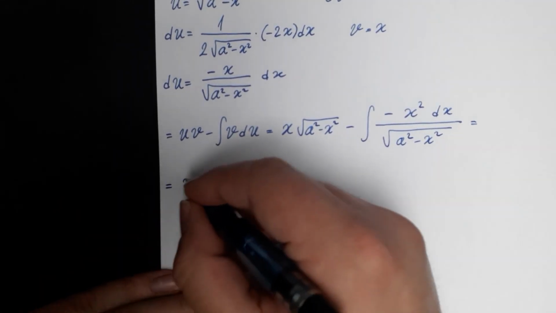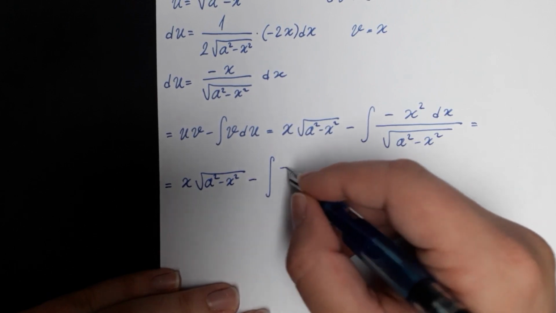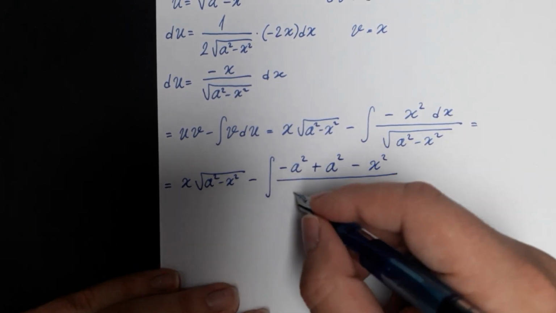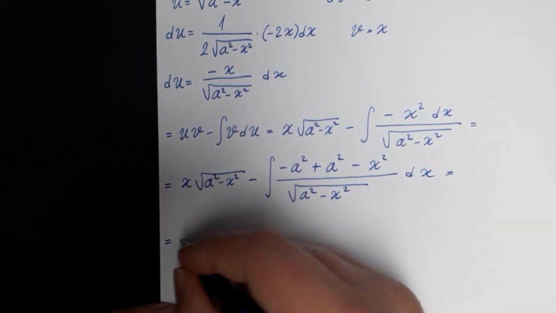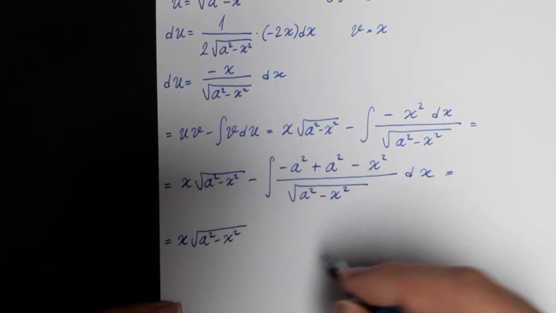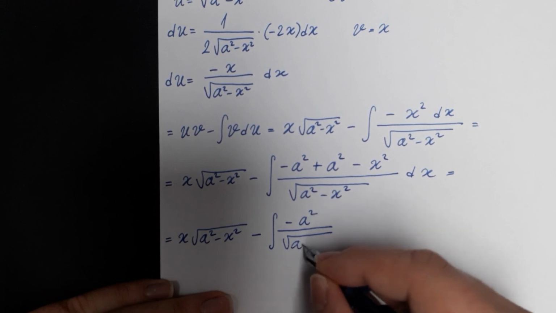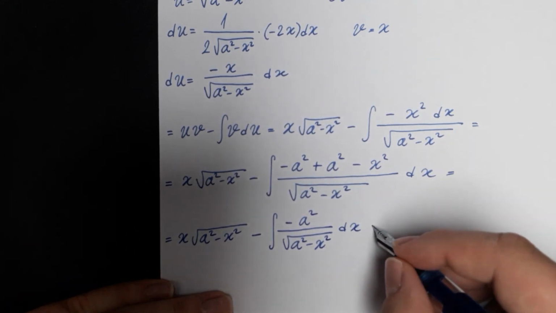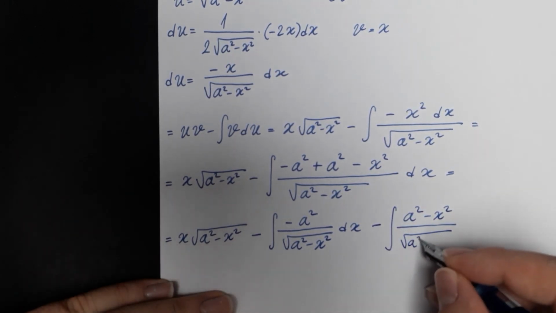This is then equal to x times the square root of a squared minus x squared minus the integral of negative a squared plus a squared minus x squared over the square root of a squared minus x squared dx, and that is basically equal to x times the square root of a squared minus x squared minus the integral of negative a squared over the square root of a squared minus x squared dx, plus minus the integral of a squared minus x squared over the square root of a squared minus x squared dx.